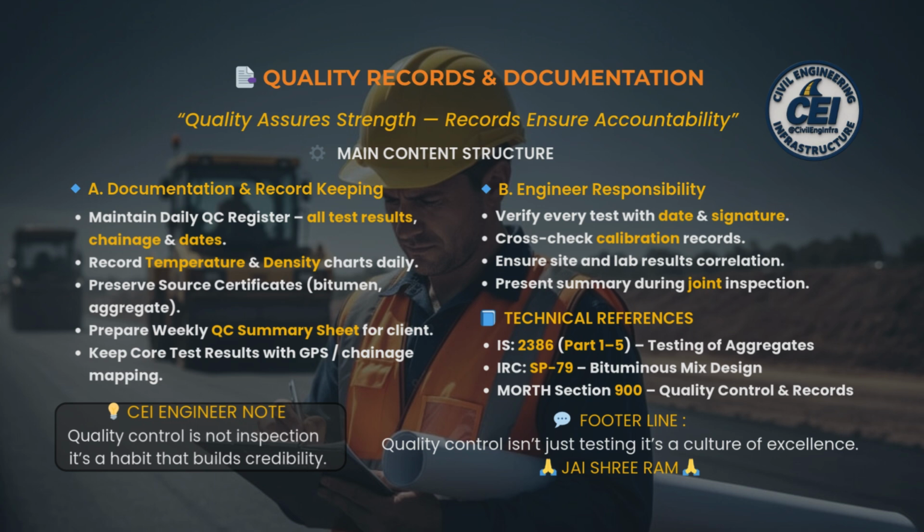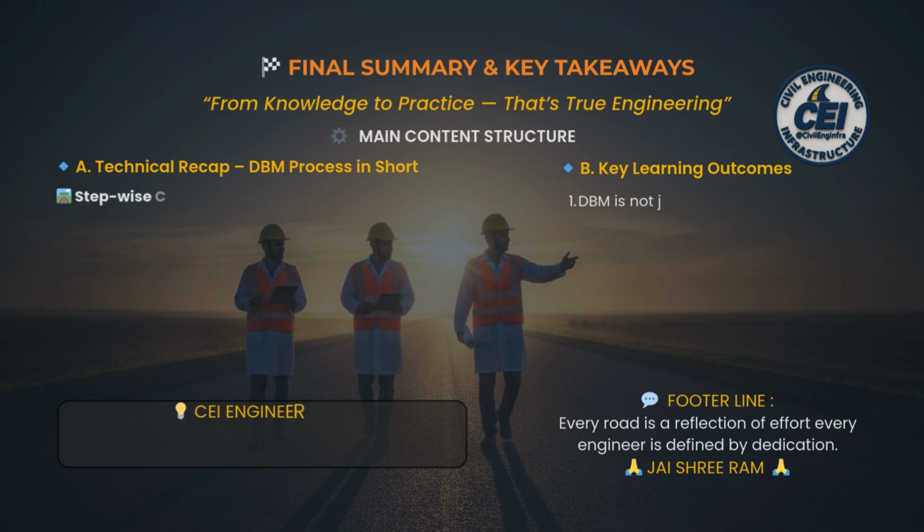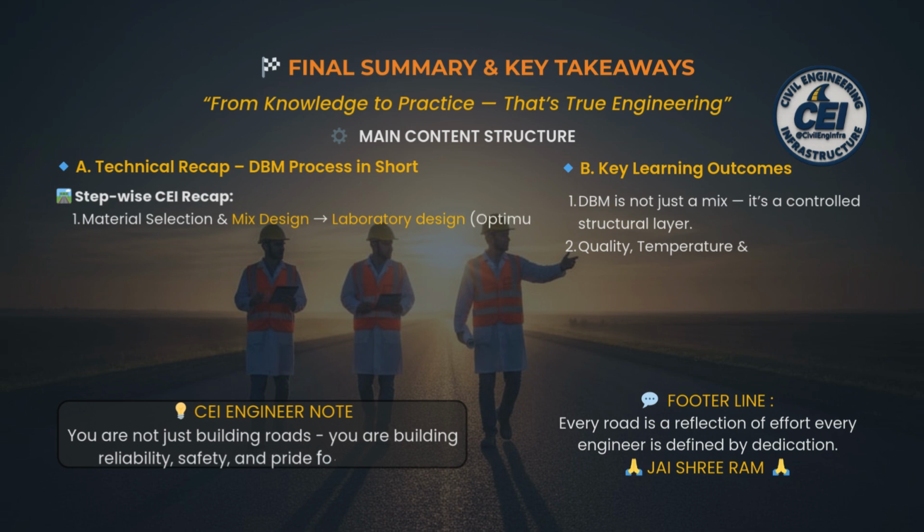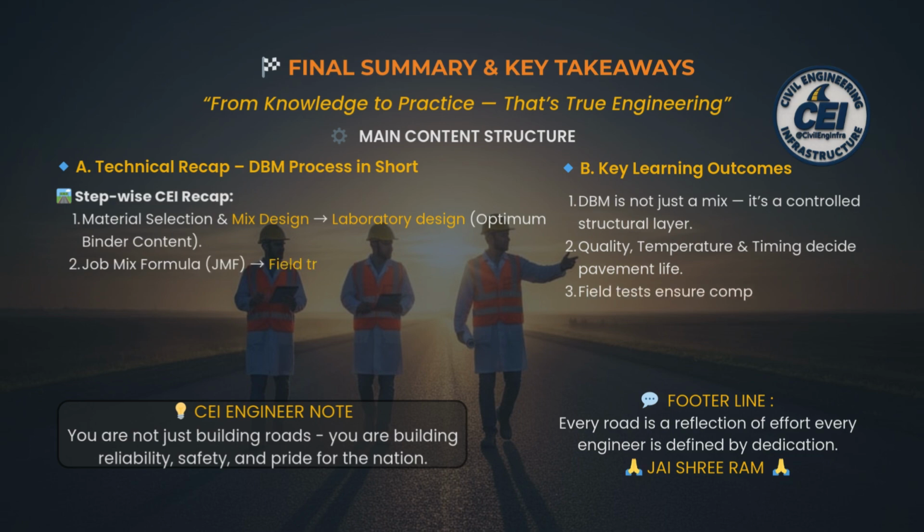Jai Shri Ram. And now, we reach the final summary and key takeaways. From knowledge to practice, that's true engineering. Technical recap. 1. Key recap: material selection and mix design, foundation of every road. 2. Key recap: job mix formula, where lab meets field. 3.